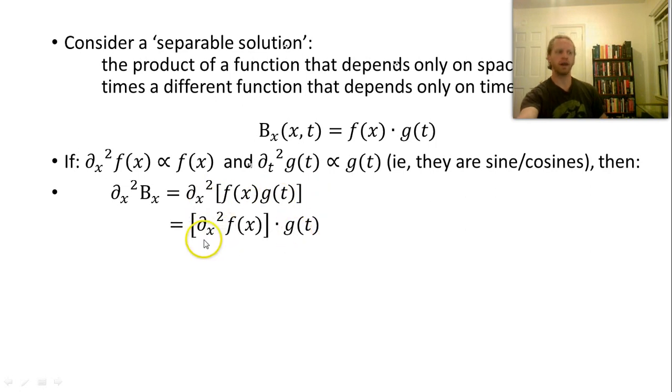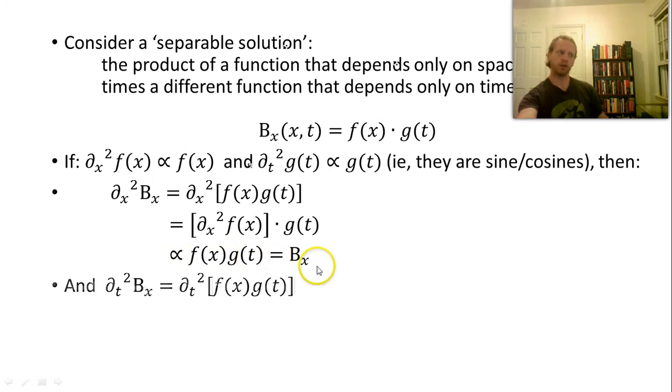Now we use the fact that the second derivative of f is just proportional to the function itself. So there's going to be some proportionality constant here to make that equation completely true, but I don't care. The point is, we've just shown that what we get out is exactly the same as what we started from. And it works for the time direction as well. We take the second time derivative, and when we break it down into the two separable functions, f of x is like a constant because it has no time dependence, so we can pull that out.